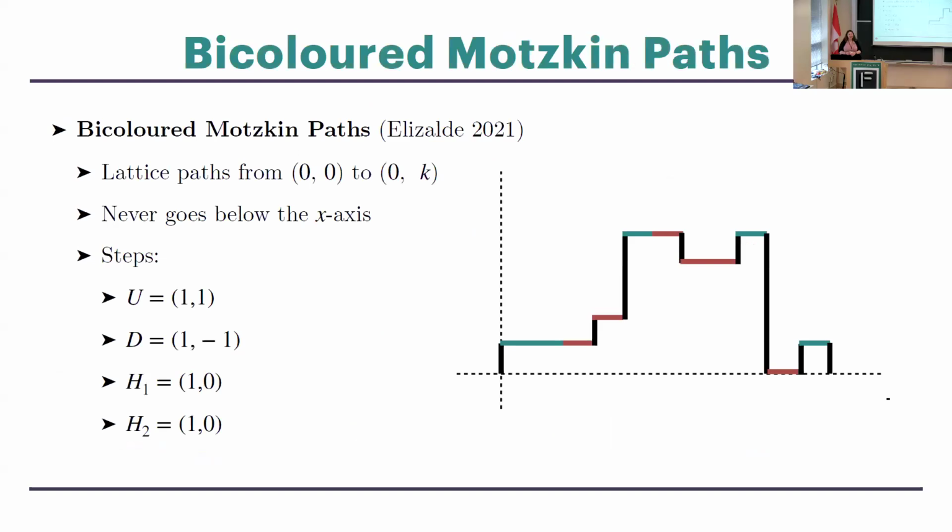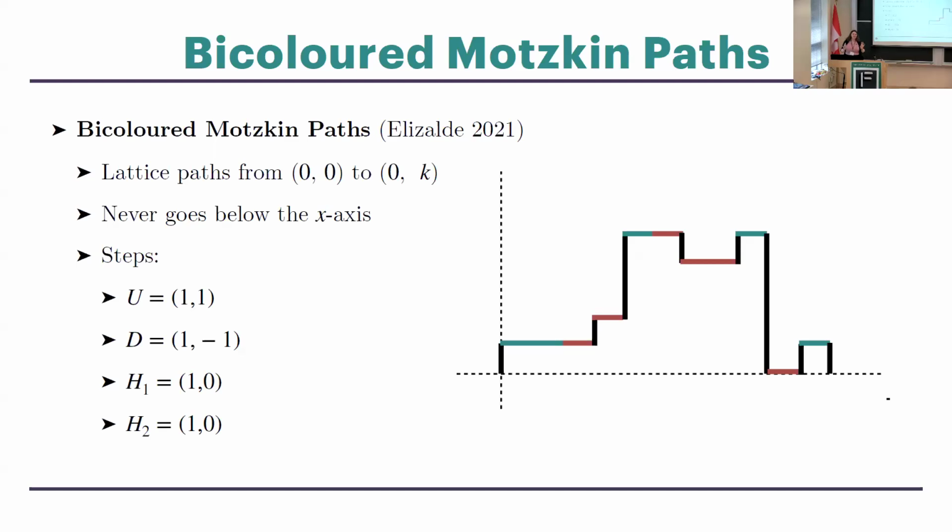Another example is bicolored Motzkin paths. This is from Elizalde in 2021. So these are lattice paths from (0,0) to (0,k). And they're similar to the Motzkin paths that Torin was talking about. They never go below the x-axis, but instead they have 4 different types of steps. You can take an up step, a down step, or a horizontal step of the first color, or a horizontal step of the second color. Hopefully those colors show up, but essentially I've chosen 2 different colors.